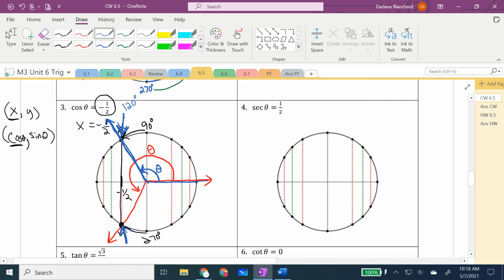And what angle is this one right here? 240. And those are my two answers.